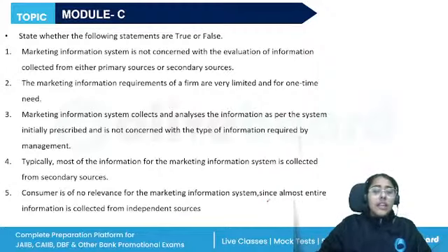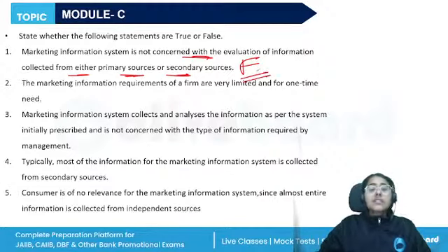True or false. First, marketing information system is not concerned with the evaluation of information collected from either primary or secondary sources. This will be false. It is concerned with the evaluation of information. Second statement, the marketing information requirements of a firm are very limited and for one time, again it is false.